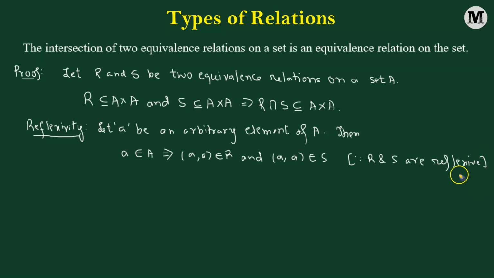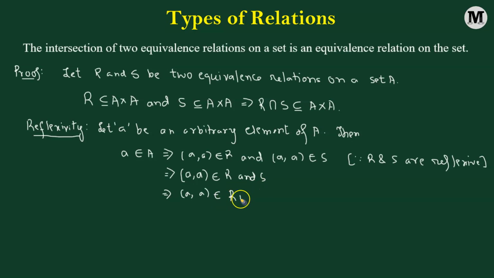They are reflexive relations. Now, we can combine this statement and rewrite it as the ordered pair (A, A) belongs to R and also belongs to S, which means that the ordered pair (A, A) must belong to, now what does it mean when we say R and S?